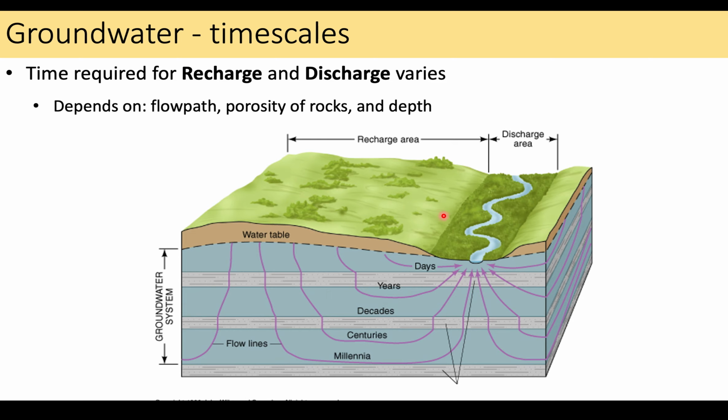So, for example, here we have an area of recharge where our water table is beneath the surface of the earth. So the rain that falls here, some of it will run off, some of it will be taken up by these plants, some of it will percolate downwards into our water table. Here we have an area of discharge where our water table is right at or above the surface of the earth.